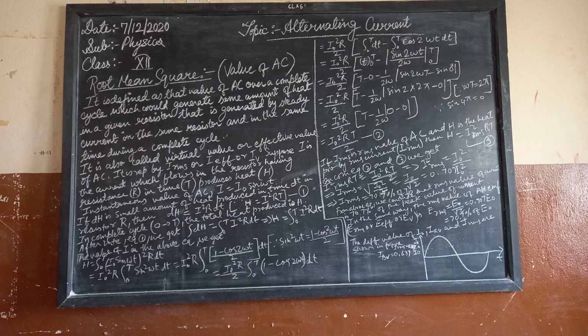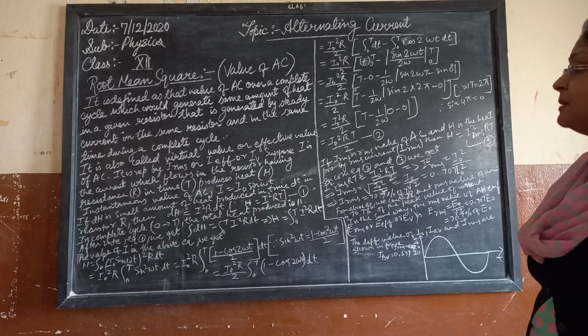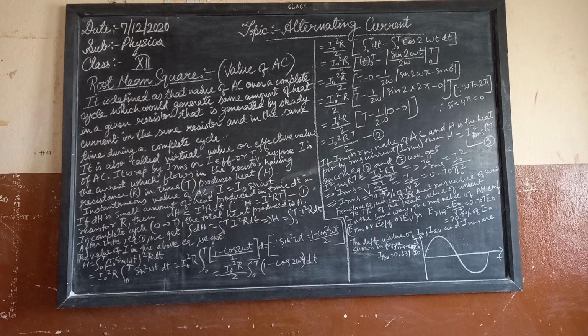So in a complete cycle, the AC generates the same amount of heat in a given resistor as is generated by a steady current in the same resistor and in the same time. That is what we call the root mean square value of AC, not velocity.